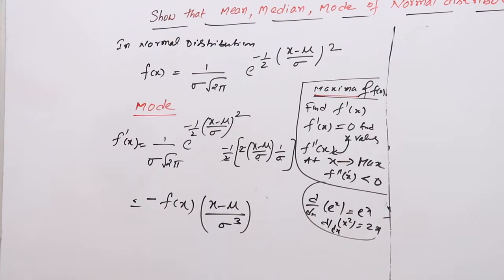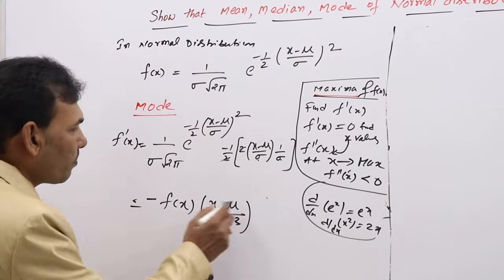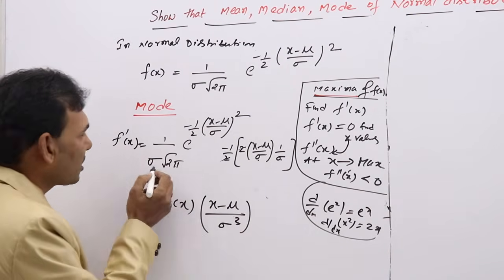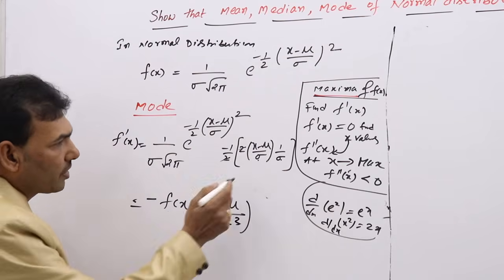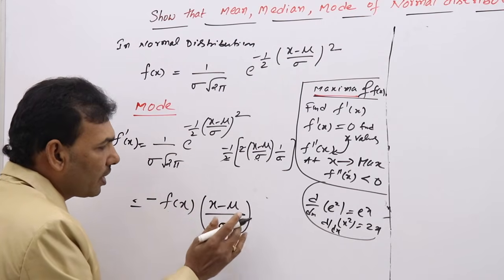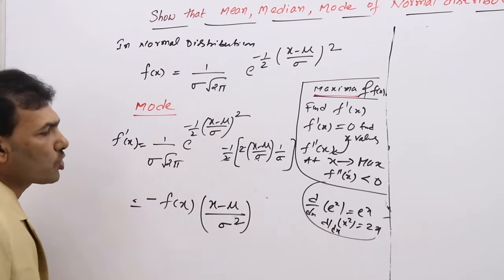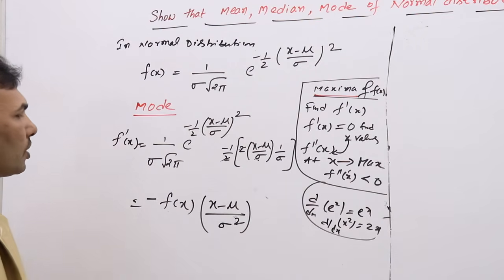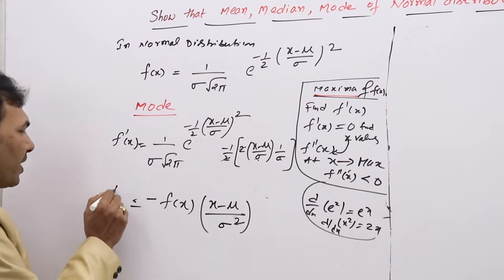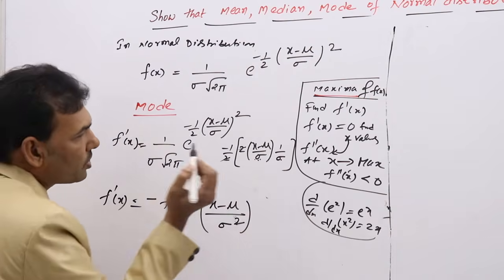Sorry, this one is f of x, right? So sigma into sigma, x minus mu by sigma square. So this is f dash of x, sigma into sigma square.